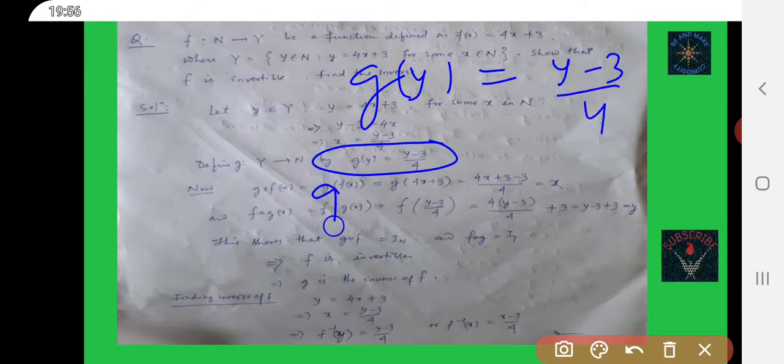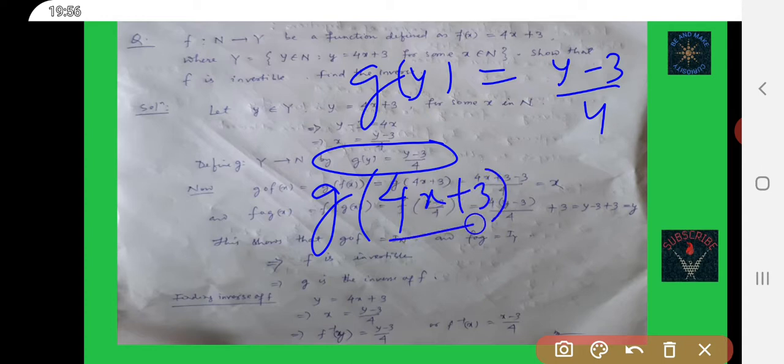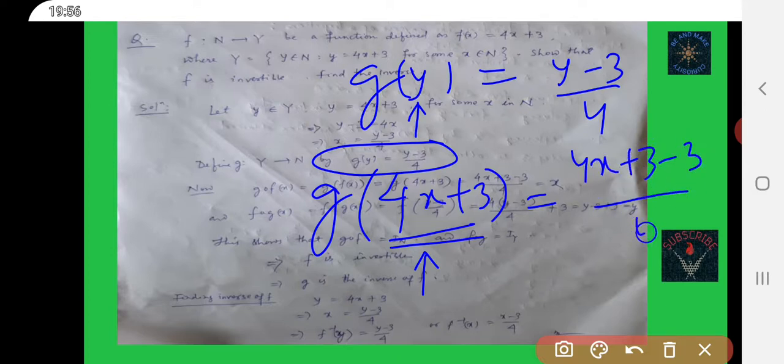So g of y, here input is 4x plus 3. So you can write (4x plus 3 minus 3) by 4.